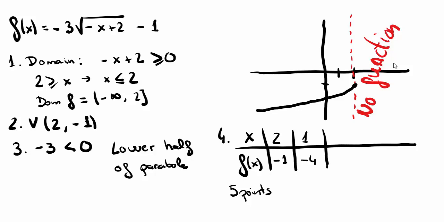What happens if now I give the value 0? 0 will lead me to have the square root of 2. And it's not an exact value. So I don't give this value. The next value I can give is minus 2. Because minus 2 plus 2 is 4. And I know how to calculate the square root of 4. 4 multiplied by minus 3 equals minus 6, minus 1, minus 7.